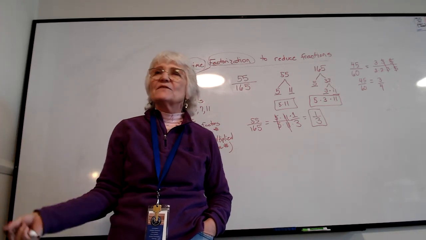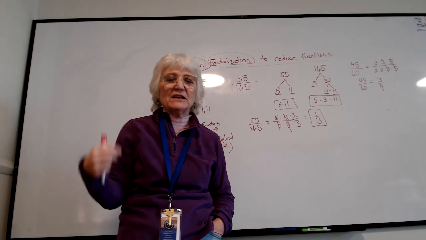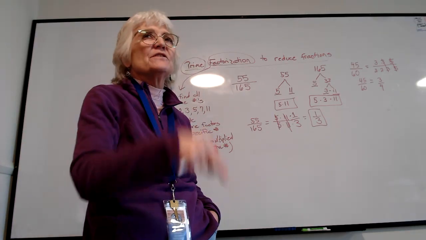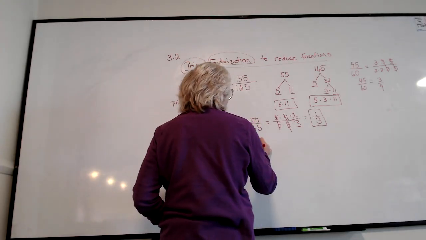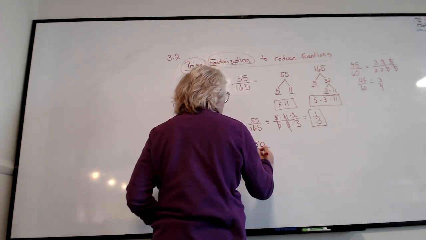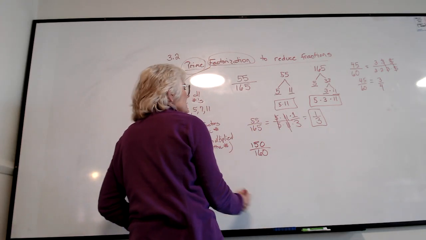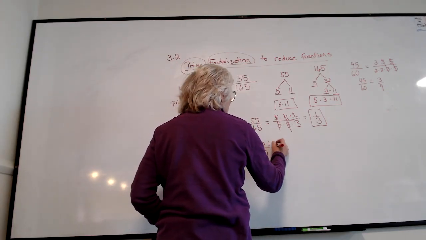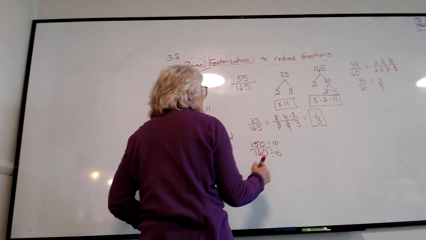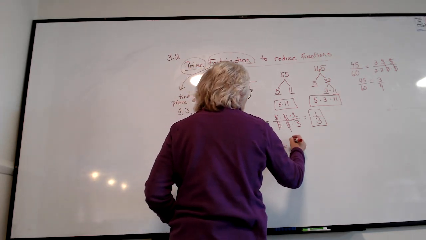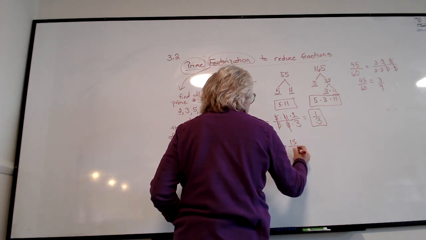I wouldn't use prime factorization on ones that you already know, that are small numbers and you can find them really easy. An example of that is if you have 150 over 160, all of us know right away that both of these are divisible by 10. So as long as we do the same to the top as we do to the bottom, this would reduce down to 15/16.